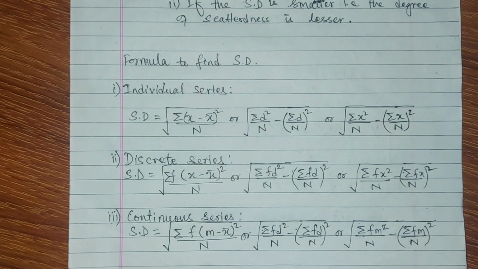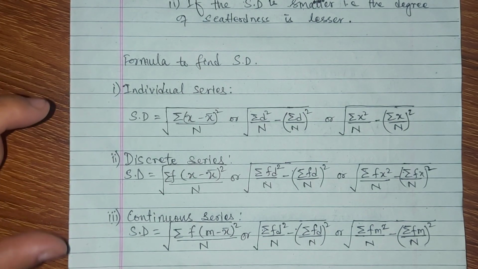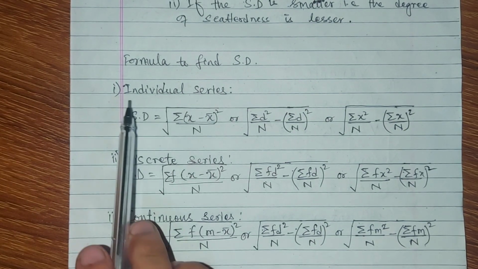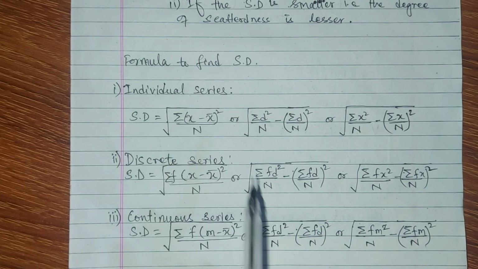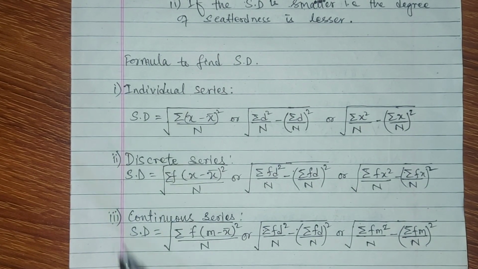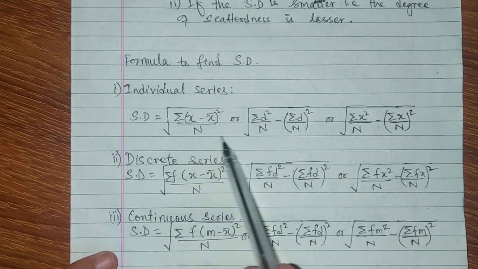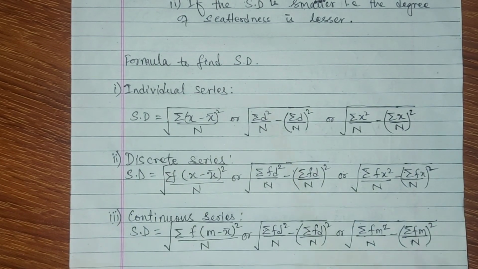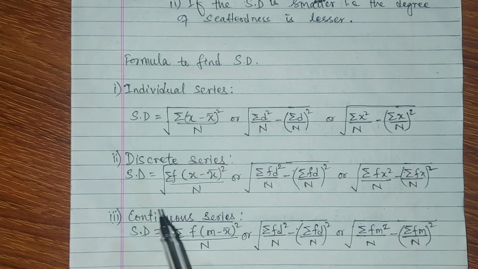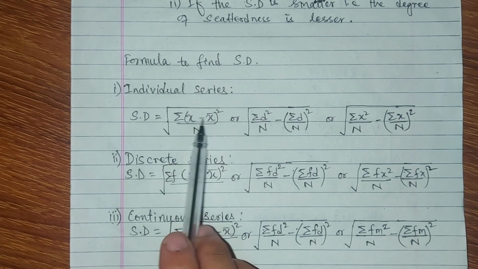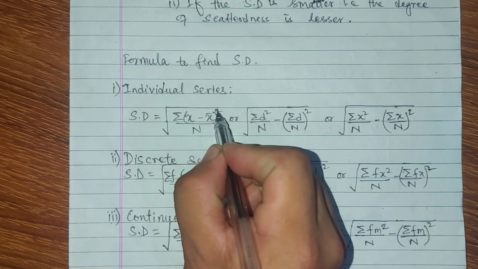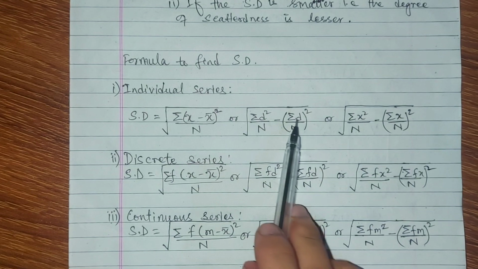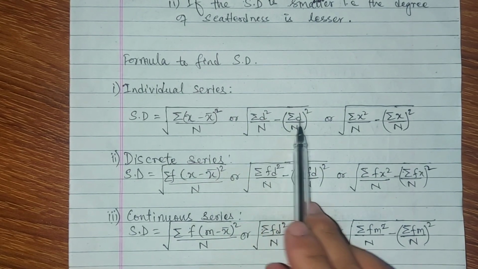So these are the formulas to find out the SD, standard deviation, in different series. Individual series has this formula. यो फर्मुला छ. इन्डिभिजुअल सिरिज दिएको छ भने यो फर्मुला लगाउनु. ओके, so x minus mean whole square, this is whole square, यो deviation हो हैन, d square deviation.